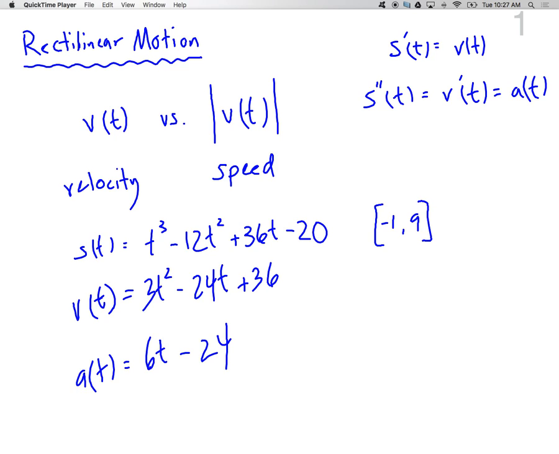So we need to get some data organized here, and I find the easiest way to do this would be to organize it into a t-chart. So I'm going to do t, and I'm going to do s of t. And I need to do a couple things first. I need to figure out where the velocity is equal to 0. So take that velocity, set it equal to 0, and solve for t for me, please.